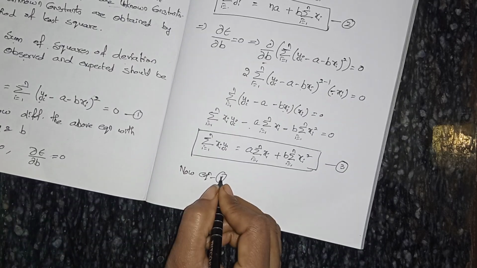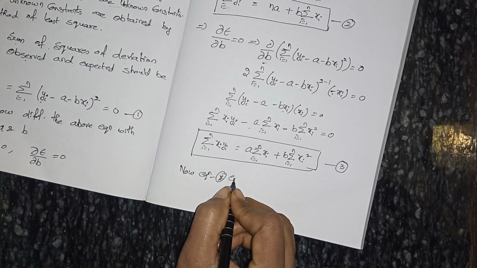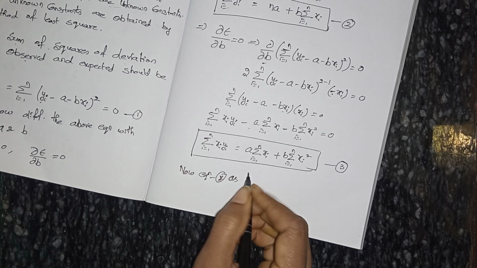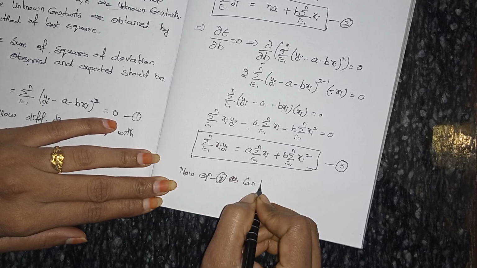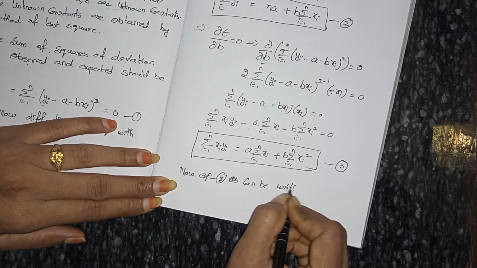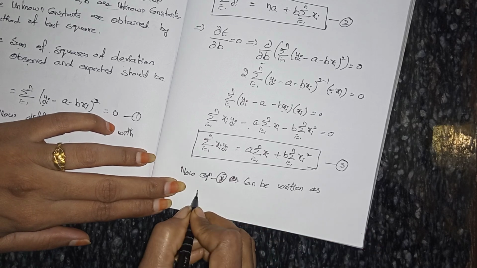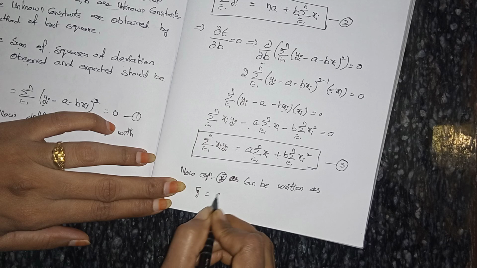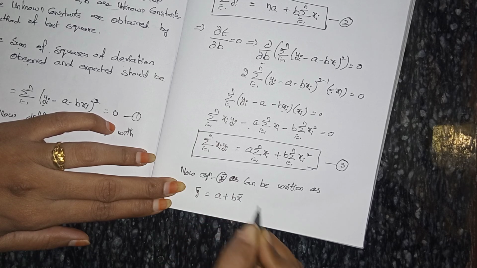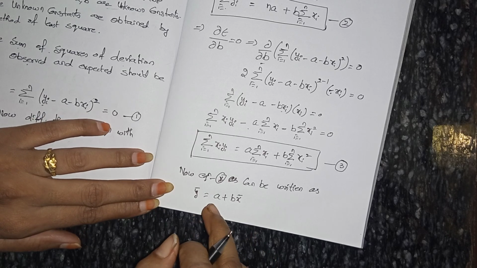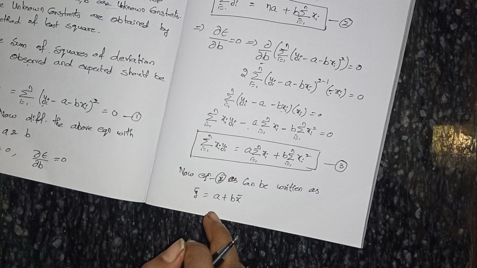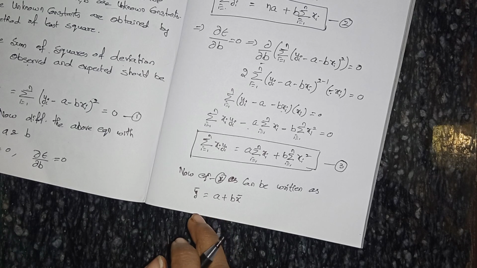Okay, now consider the star equation, sorry, now equation star can be written as y bar equals a plus b x bar. Okay, so why we have to consider the star equation like this means the line is passing through x bar and y bar points. So that's why we have to consider that those are passing from x bar and y bar.